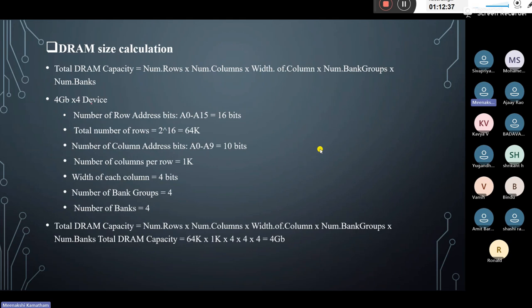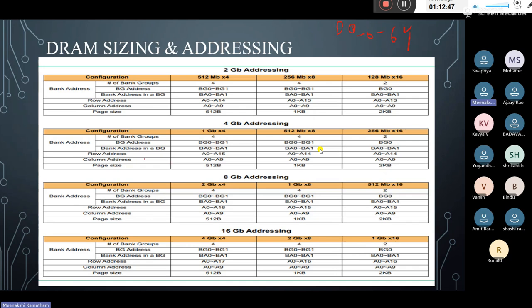How many banks, how many rows, how many columns, and also one more thing, the page size. Page size is nothing but the total data; memory size is measured in pages.